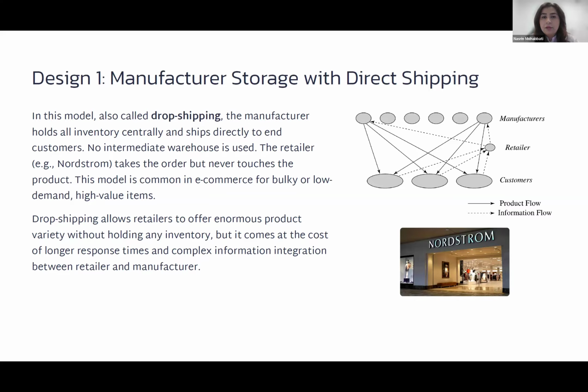I'm sure that you can think and find examples in the real world for this design, but an example can be Nordstrom. So have you ever placed an online order from Nordstrom? If you did, you might realize that there are different packages coming to your door. So if you, for example, place an order with multiple products in it, sometimes it happens that each product is being shipped separately.